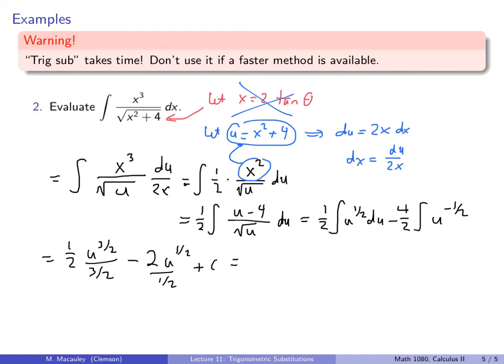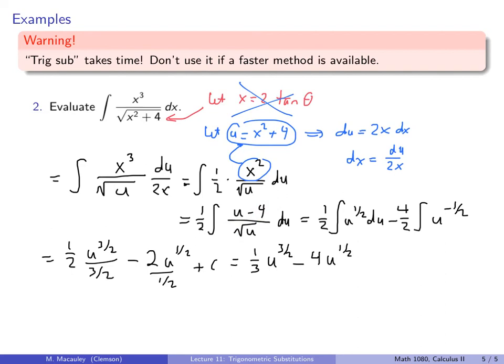So 1/2 divided by 3/2 is 1/3 u to the 3/2, minus 2 divided by 1/2 is 4, so 4 u to the 1/2.